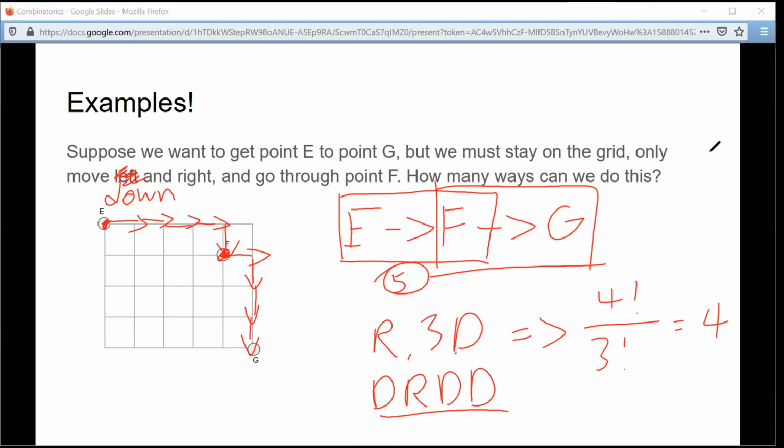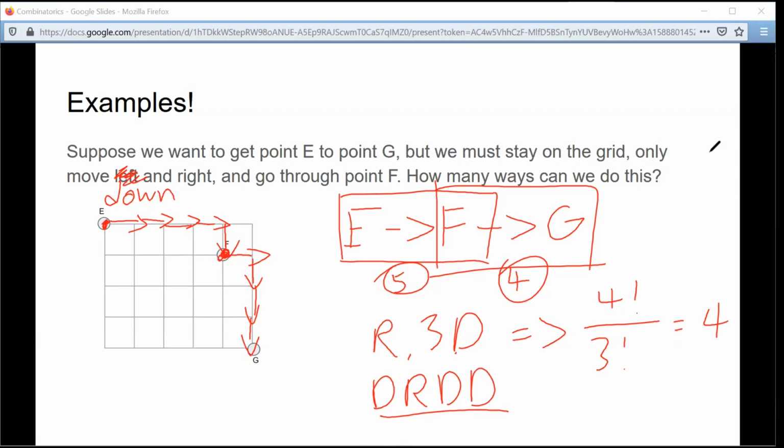So then, can you guys put this together? Since you know that from E to F is 5 ways and from F to G is 4 ways, how many ways are there in total? Okay, you don't add them, so please stop spamming 9.